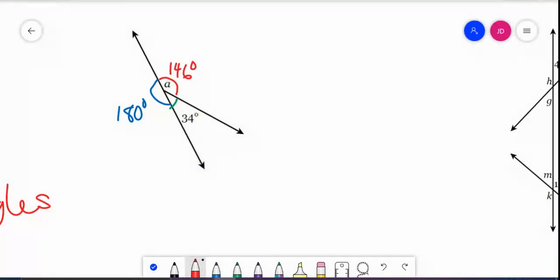These two angles, this one and this one, the 146 and the 34, are called supplementary angles.